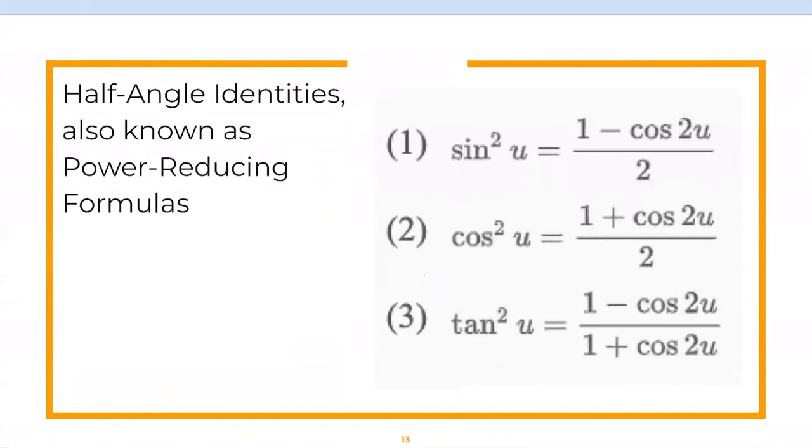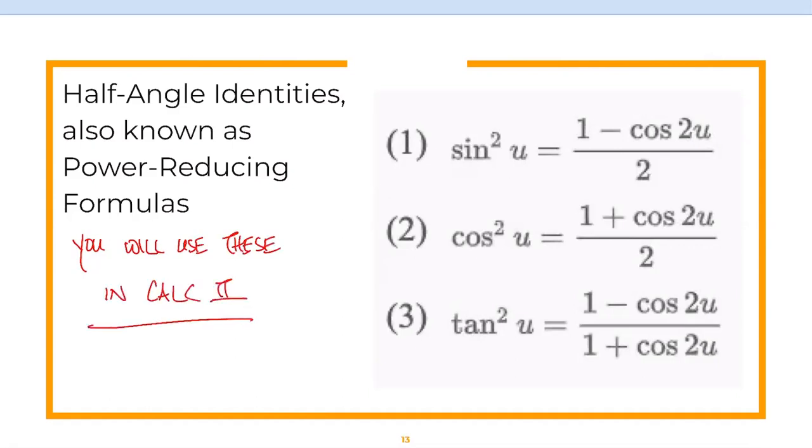Now, these half angle identities are also known as power reducing identities. We will not do a lot of work with these in pre-calc. I wanted to show them to you because you will use these in Calc 2.